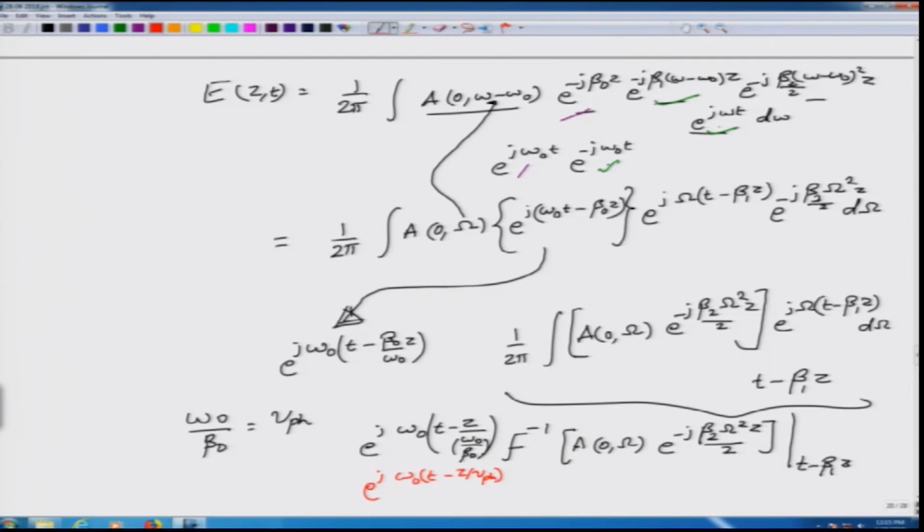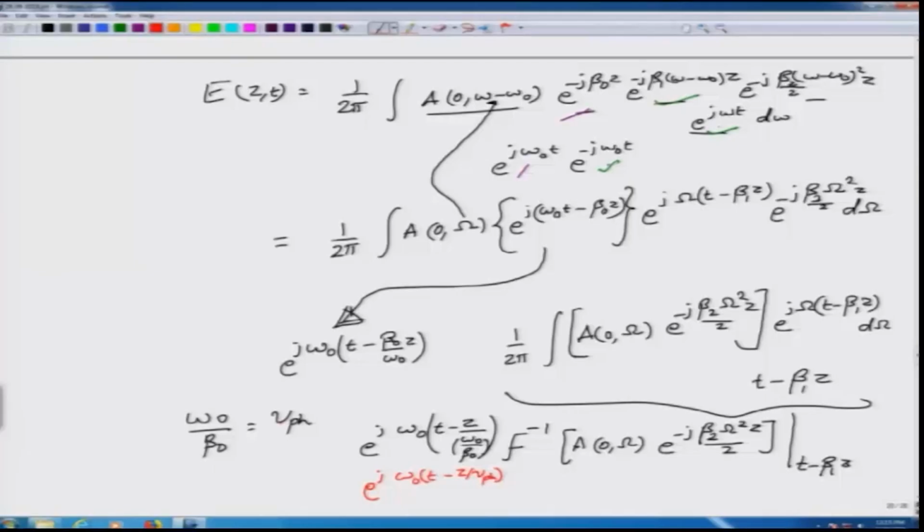This is how the carrier is propagating. The carrier experiences a delay of z by V_ph. Normally we talk about delay per unit length, so the normalized delay is given by 1 by V_ph, and V_ph itself is inversely proportional to beta_0.